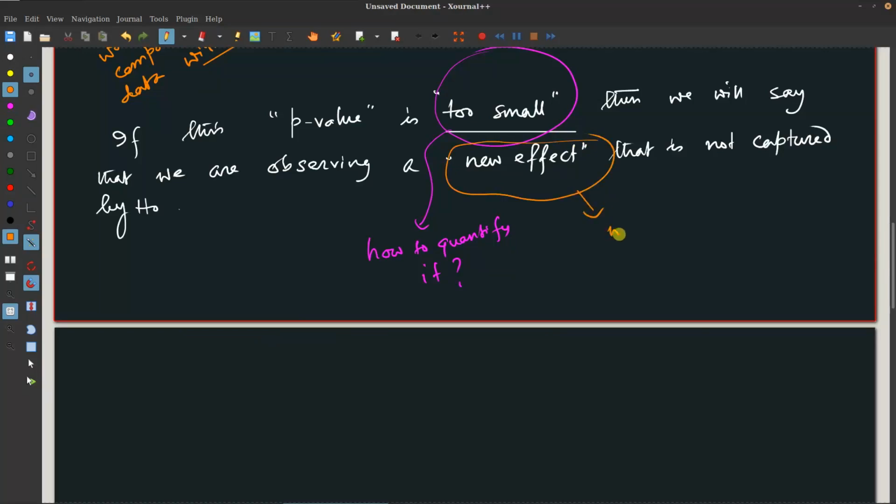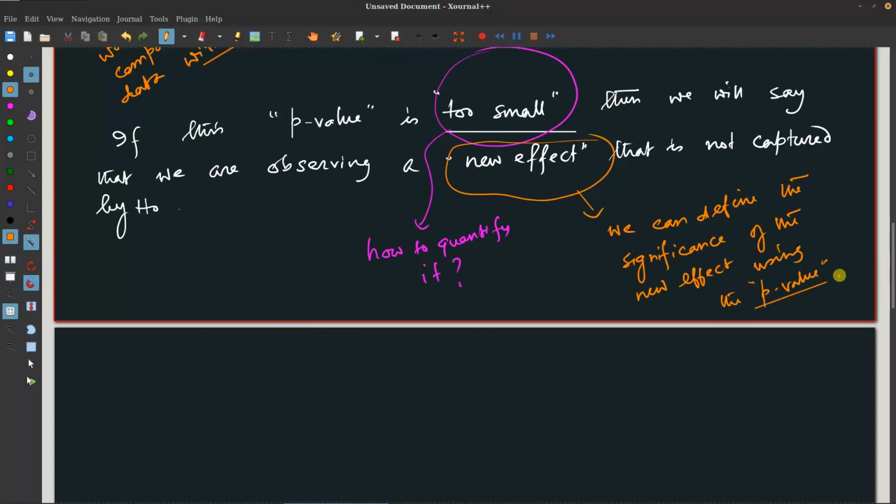We can define the significance of the new effect using the p-value.